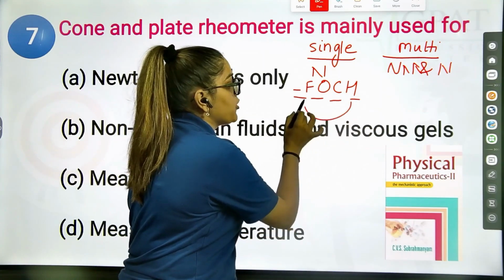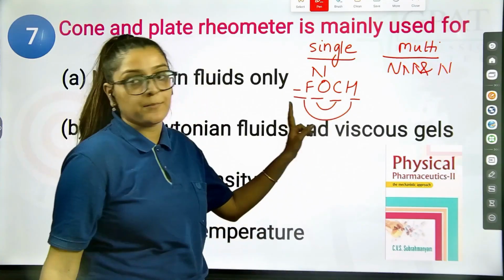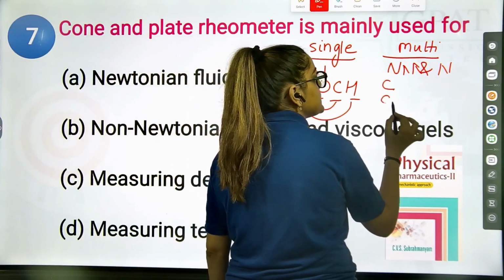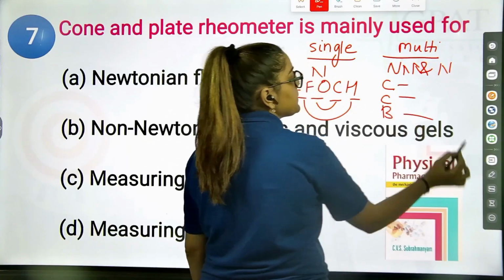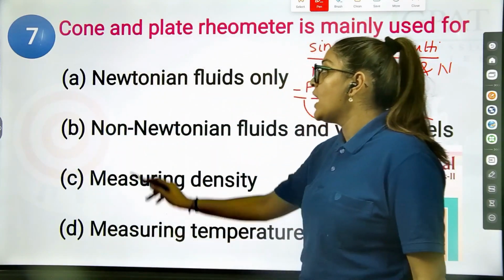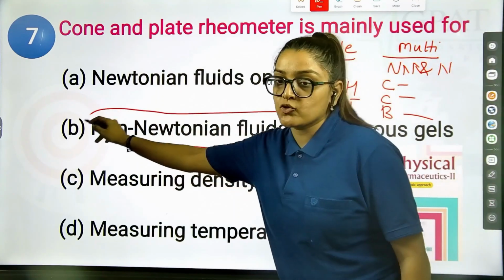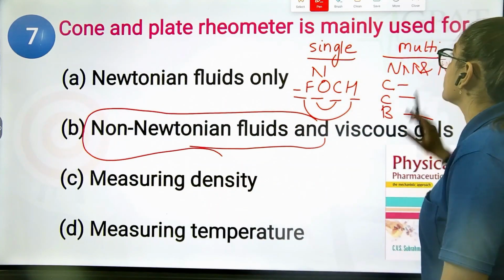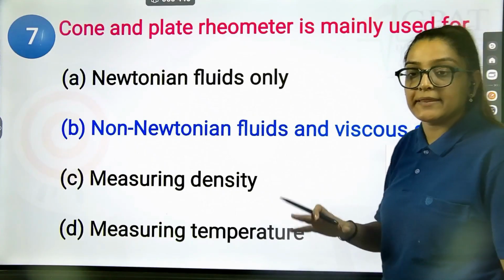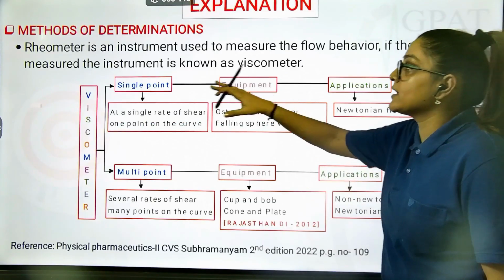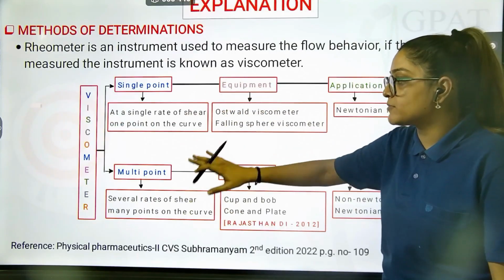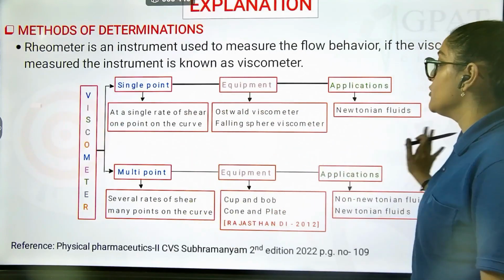Hoppler is a type of falling sphere, Oswald is a type of capillary viscometer. Similarly, we have multi-point, we have CCB, cup and bob, cone and plate, and Brookfield viscometer. So for the non-Newtonian systems, we have our cone and plate viscometer. I hope this is right for you all. Single point is specifically for Newtonian fluids, multi-point is for non-Newtonian fluids.